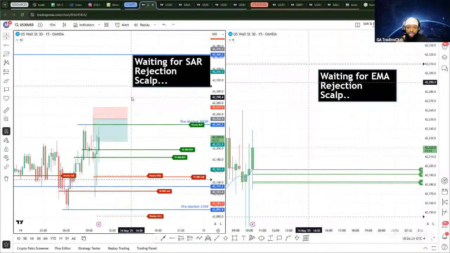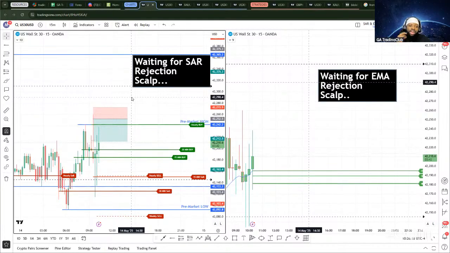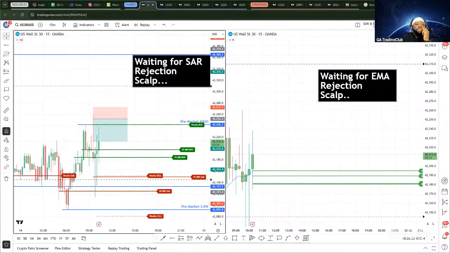I don't trade an SAR that has been retested before. You want to go for the first retest because I believe that has the highest probability compared to an EMA, an SAR, or a pre-market high or low that has already been retested in the past.